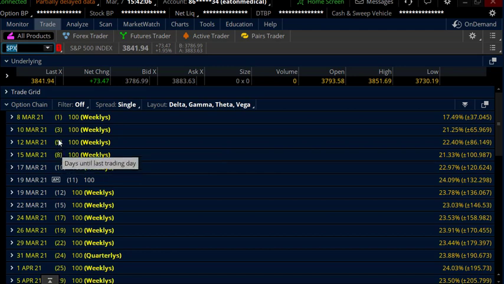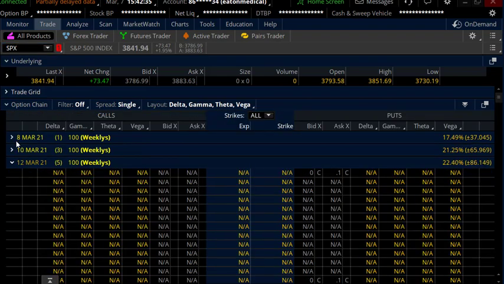Or the front end month can be anywhere from 3 to 5 days to expiration, and then you're just buying your long in the next expiration. So your front end is 3 to 5 days, and your long is just the next week's expiration.